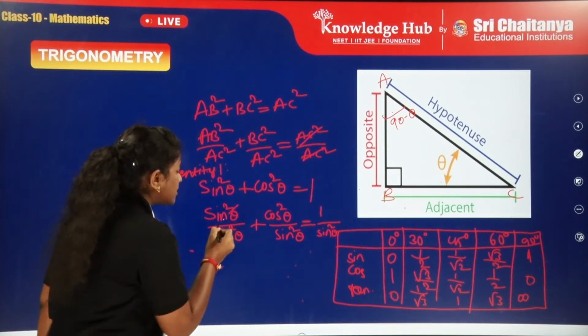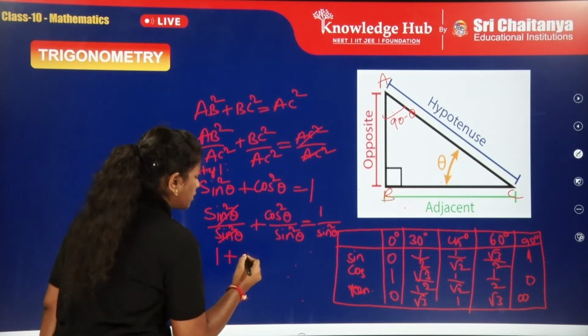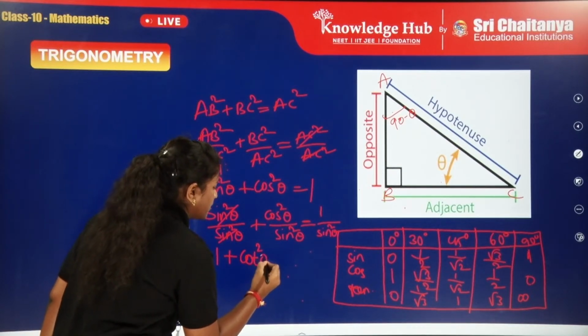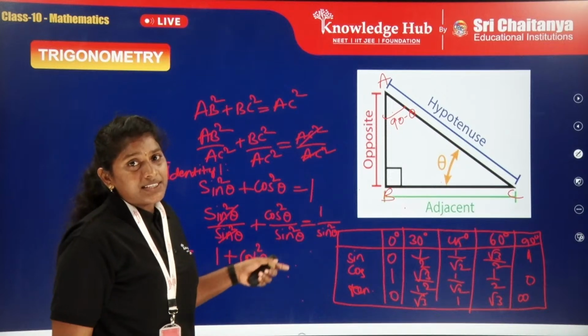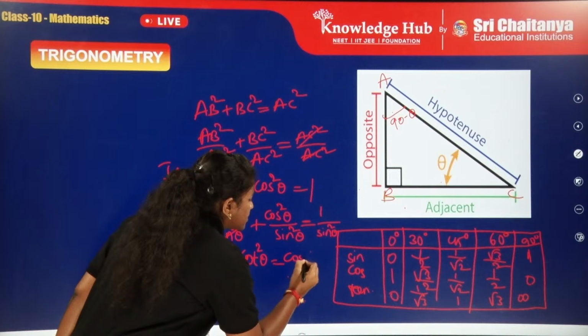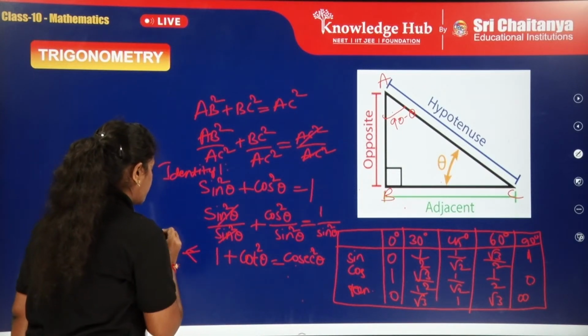Now sin square theta will get cancelled and you will get 1 plus cos by sin, which gives cot. So cos square by sin square will give you cot square theta, which equals 1 by sin square. 1 by sin is nothing but cosecant theta. So it will become cosecant square theta. Okay. So this becomes your identity 2.